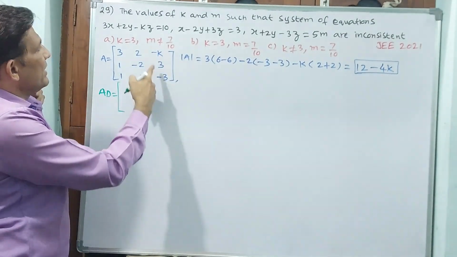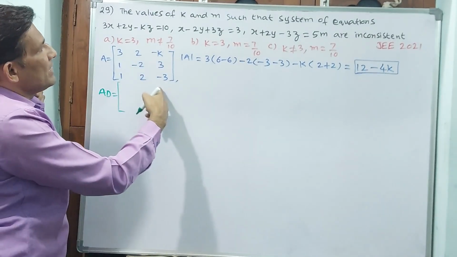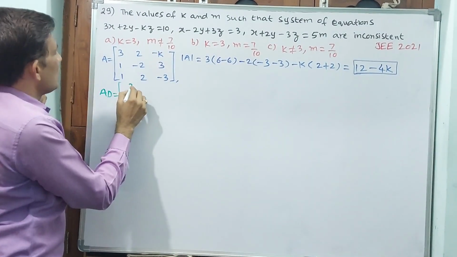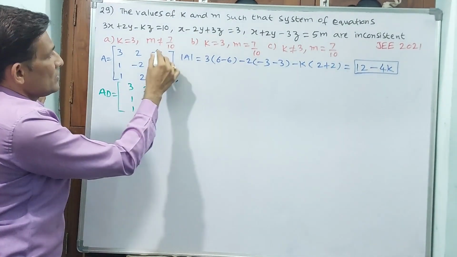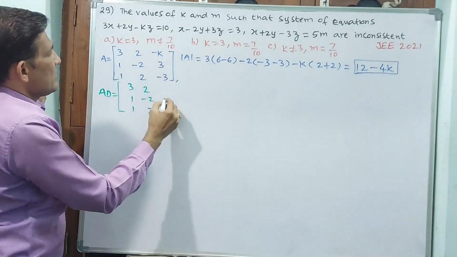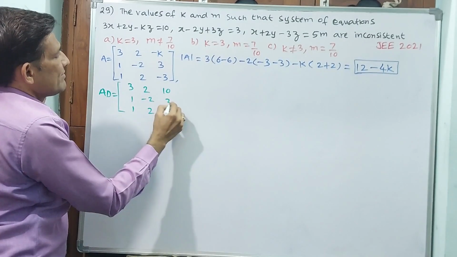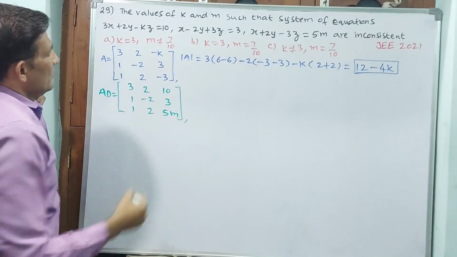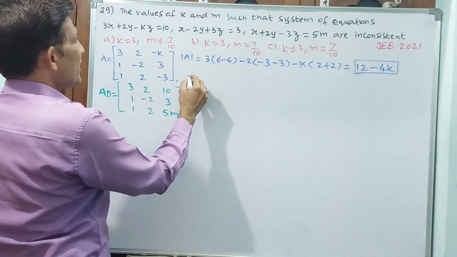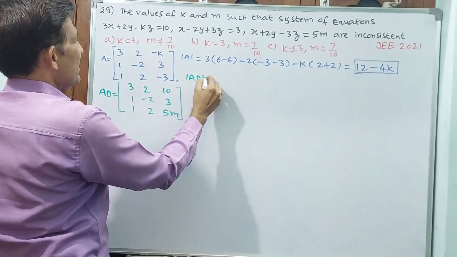This column I am not taking, but first two columns I am taking. 3, 1, 1, 2, minus 2, 2, and 10, 3, 5m.